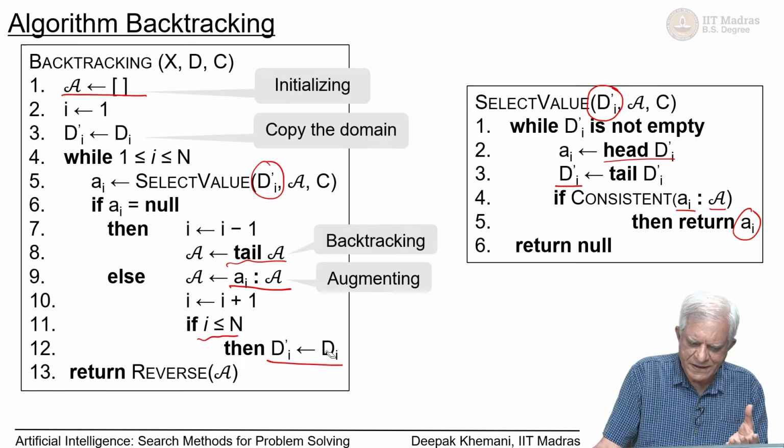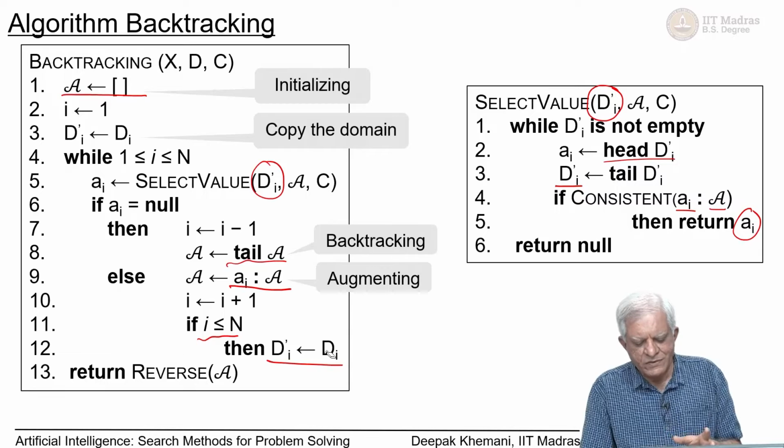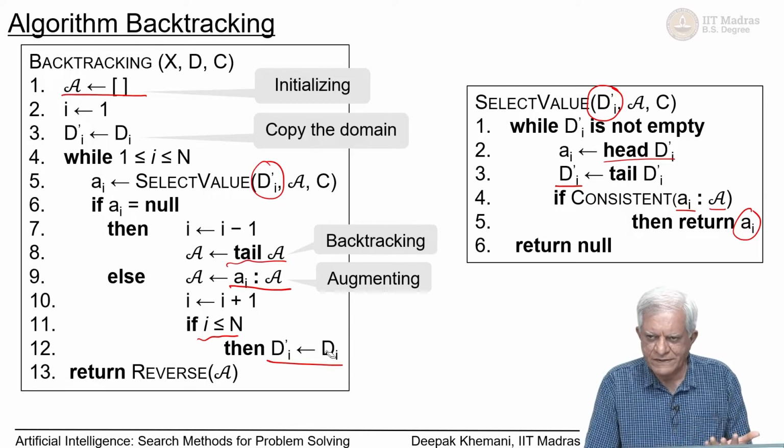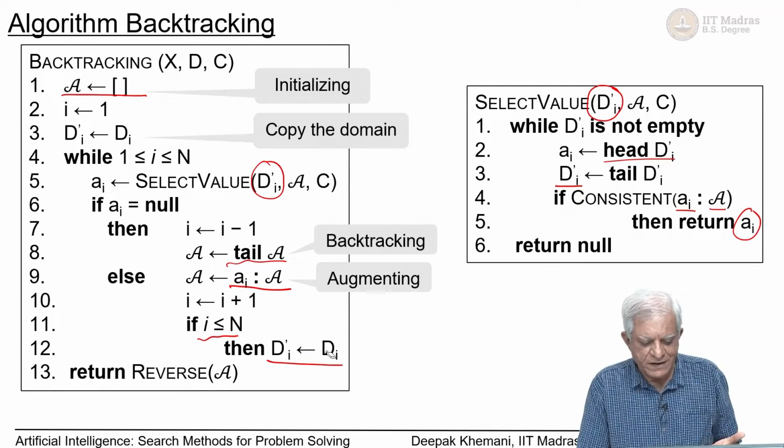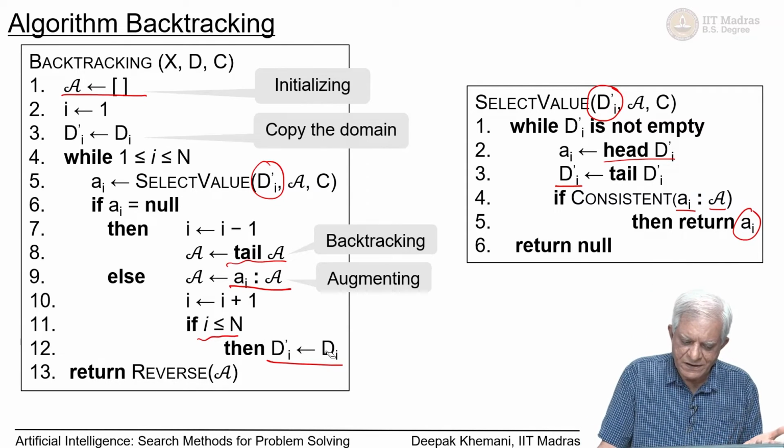So, remember that this assignment A, we started off as an empty assignment in the first line of the program, and then we augmented it in line number 9 whenever we found a new value. If we could not find a value at any level, we went back to the previous level, and in line number 8, we removed the first assignment and kept only the tail of the assignment. So, there are two ways you can exit: i becomes less than 1, or i becomes more than n.